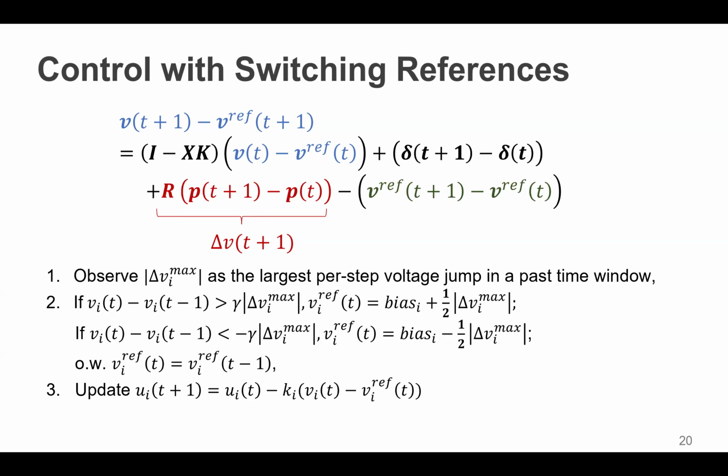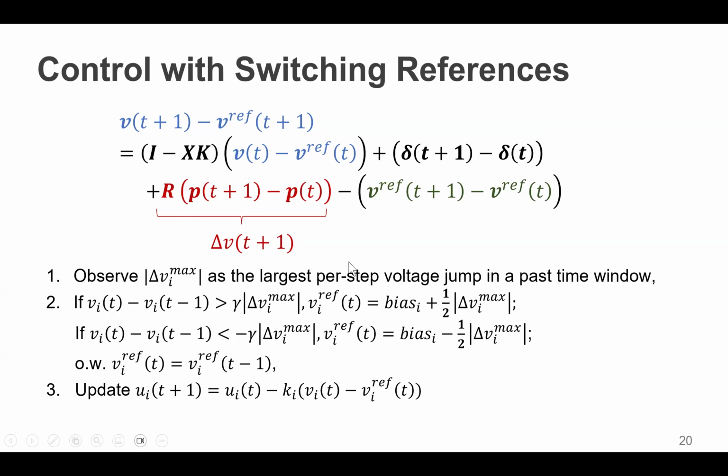Right, exactly, we want to shift the voltage reference to cancel the impact from the sudden changes of load. Although we cannot directly observe what the changes of loads are, or what the matrix R is here, their impact is reflected in the step voltage changes in that time step. So the implementation can be based on the measurement: we first observe the largest step voltage change in a past time window long enough to cover one period.